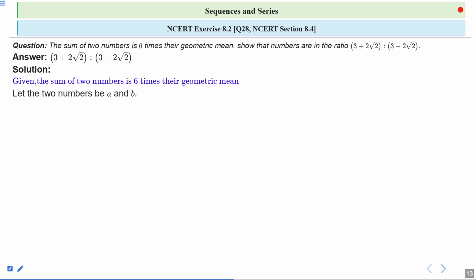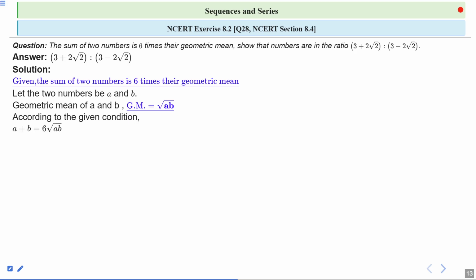First of all, let the two numbers be a and b. Then the geometric mean of a and b, GM, equals the square root of ab. According to the given condition, a plus b equals 6 times the square root of ab.